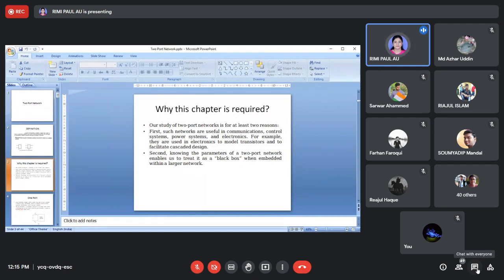By taking only these four known parameters, you can find out the impedance or the transmission line parameters present. You can calculate this. So that's why we need the two-port network. Once again, knowing the parameters of a two-port network enables us to treat it as a black box when embedded within a large network.